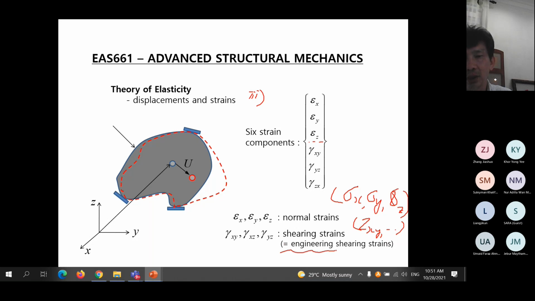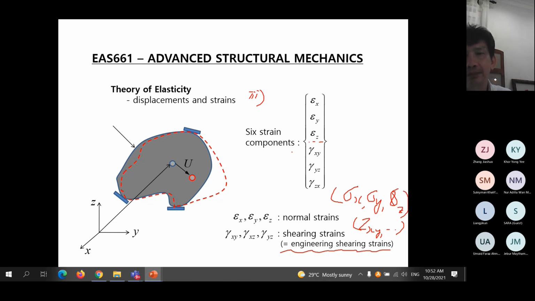Why do we call it that? Because some strains, especially the components of the strain tensor, are defined differently. But here we are going to use the engineering shearing strain. So this is the third set of variables that we need to determine.